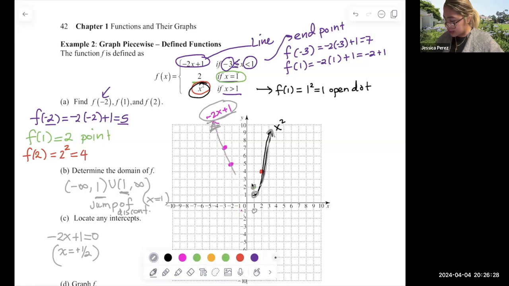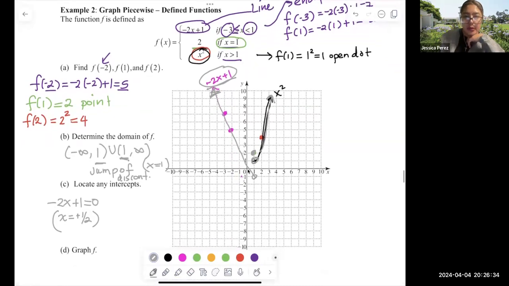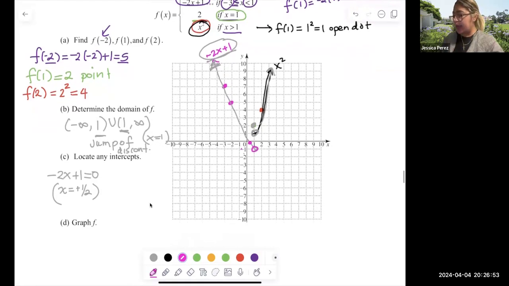So this goes like this. We have an x-intercept at 1/2, so at 1/2 it's crossing. See how there are 2 points that are open and 1 that is closed? That's why we have that jump discontinuity. So the x-intercept is at 1/2 and no y-intercepts.